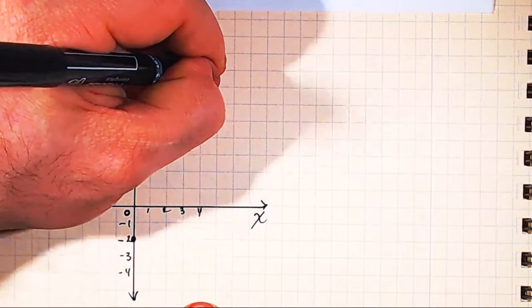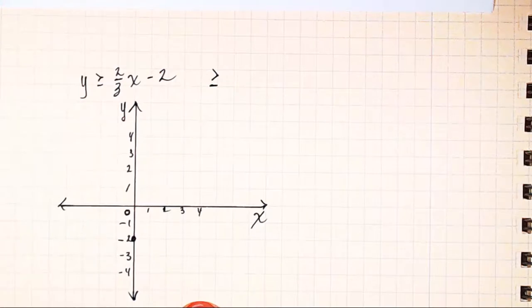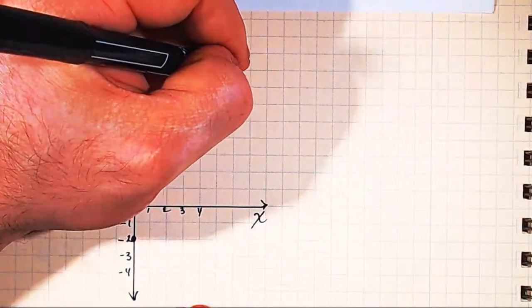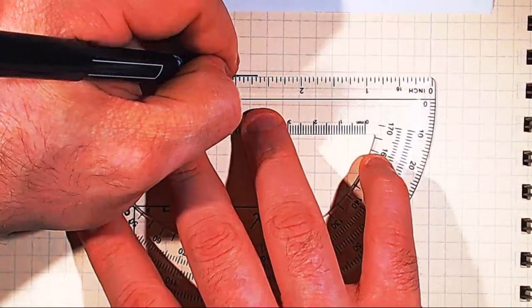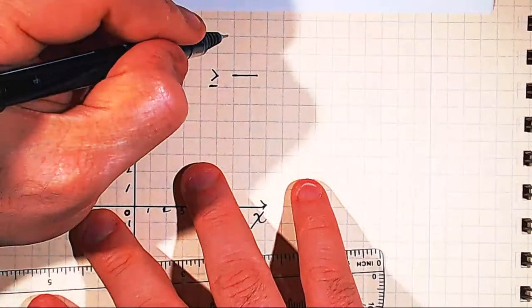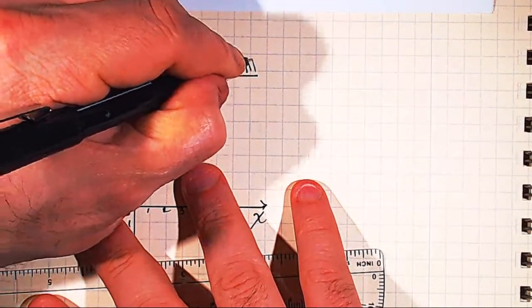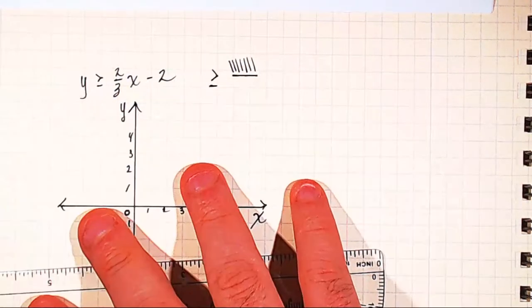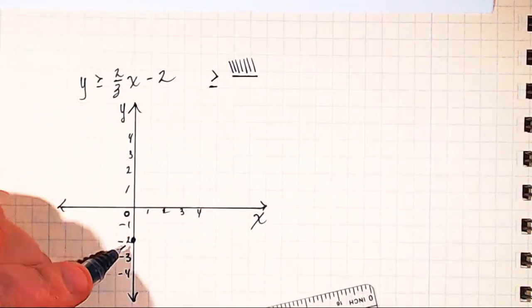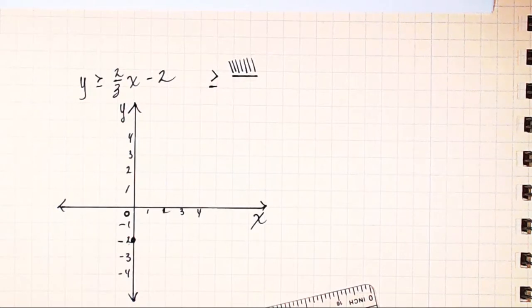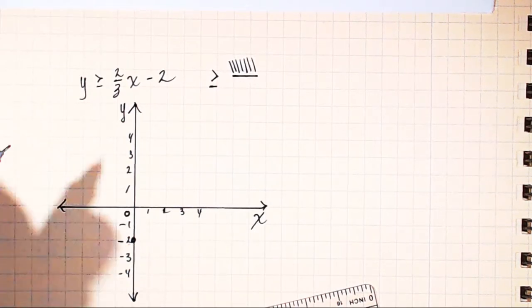That symbol means that I'm going to have a solid line and that my shading will be done above the line. So keep that in mind as we graph. So we can fill in this point at 0, -2.